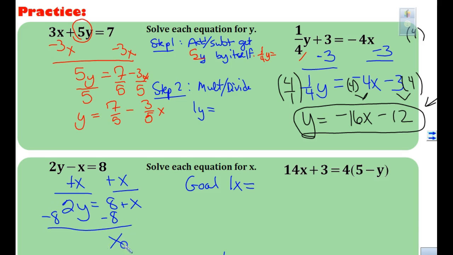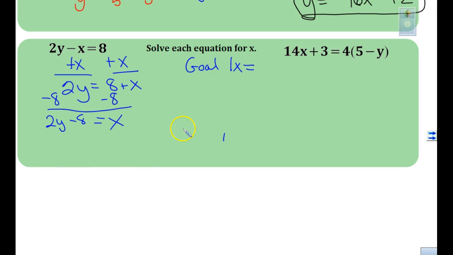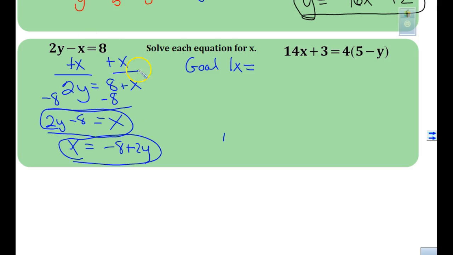So that I'm still going to get x equals. And here now I have either 2y minus 8, and sometimes I'll have people write that as x equals negative 8 plus 2y. Is that the same thing? Yeah, negative in front of the 8, okay? So just remember, you can add either way when you're doing this one.